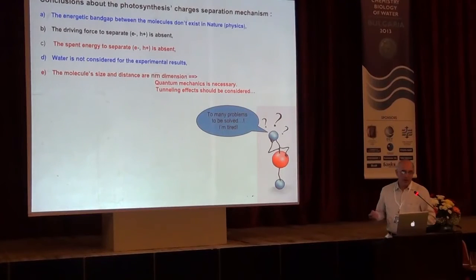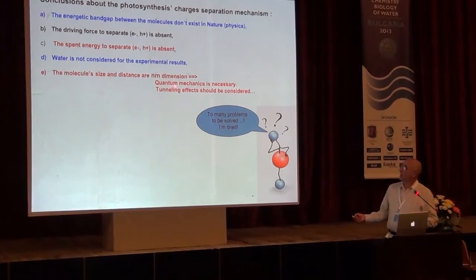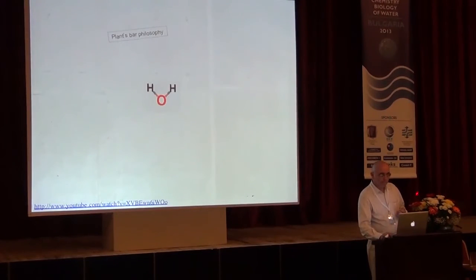And this part is never considered: we cannot take water from the leaves or the plants and say, well, it works like this. And as the molecules and distances between the molecules are nanometer size, we have to consider quantum mechanics, tunneling, etc.